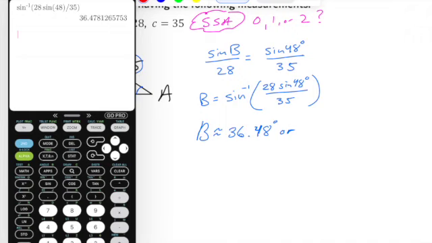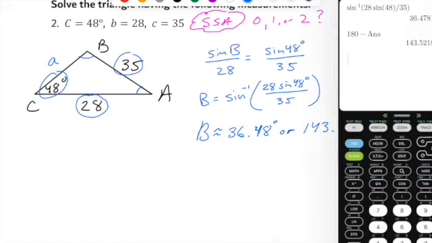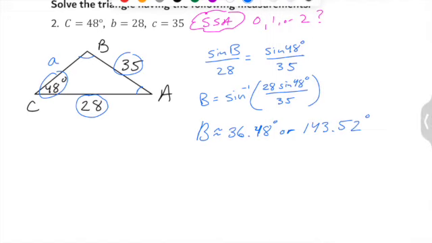So to find the second solution of this, you have to consider the supplement of 36.48. That would be the quadrant 2 angle with that reference angle. And so that would be 143.52. So what you have to do, though, that's the second answer mathematically that would make sense, that would have this value of a sine of this fraction, but you have to make sure that that angle could potentially exist in this triangle.